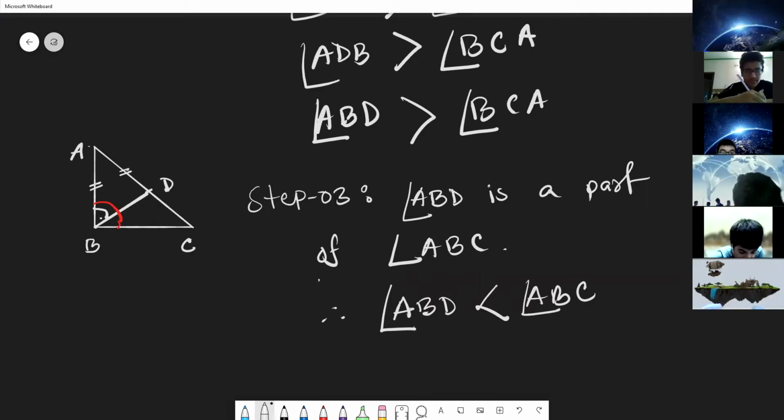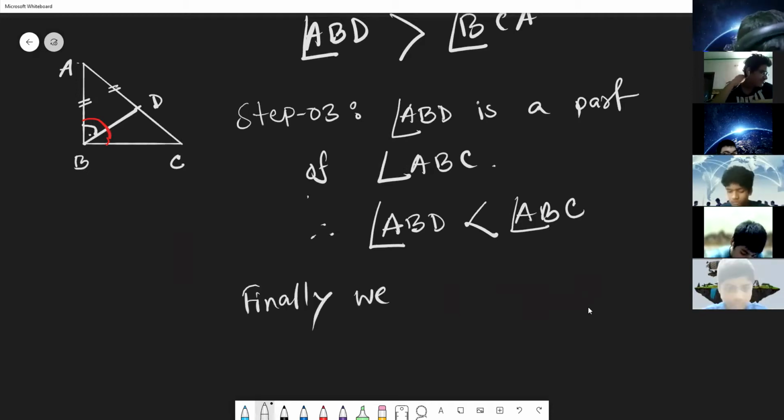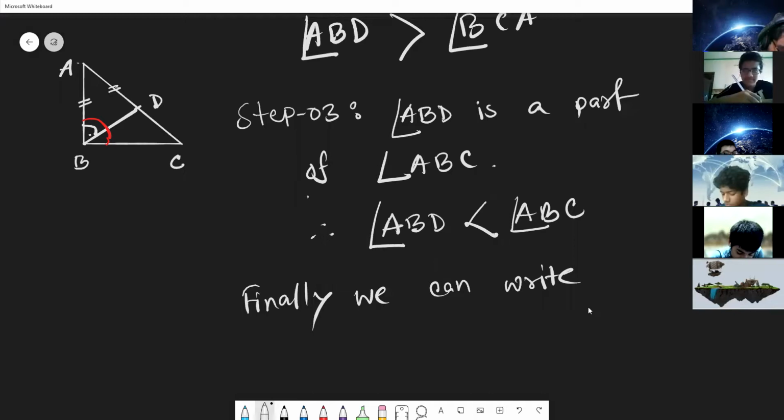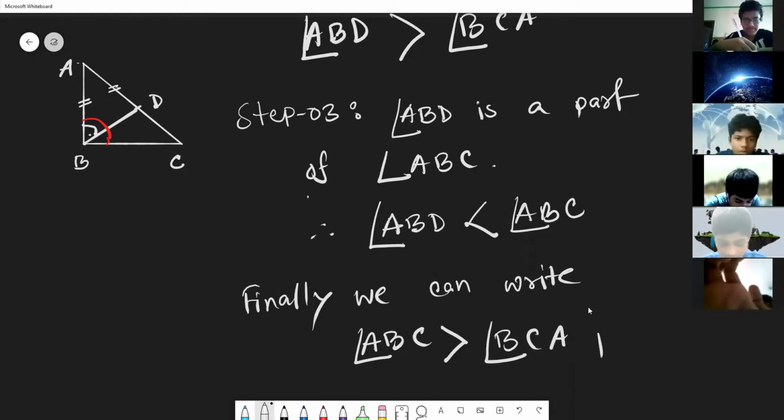So now comparing step 2 and step 3, finally we can write ABC angle. This is the greater angle. ABC angle is greater than angle ACB. I think if we write here BCA. Yes, BCA. So this is our result.